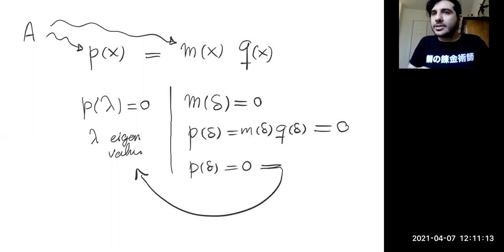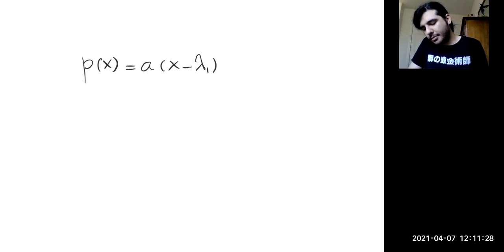Okay. Now, actually, it's even a little more interesting than that. If I look at the characteristic polynomial, it would be x minus lambda 1 to some power, times and so on up to x minus lambda r to some power.